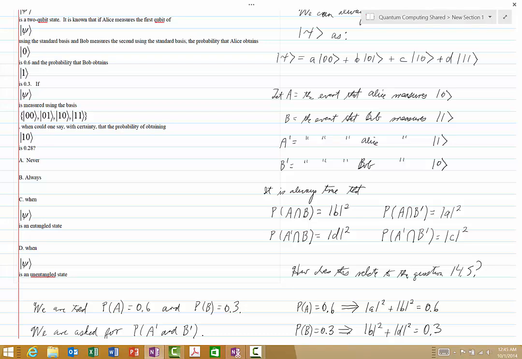But I hope that all of this helps you to understand the relationships a little bit better, to understand what entanglement implies, and what unentanglement implies. And I think it might be useful to think of the example that was given. Think of the penny and the nickel being tossed simultaneously.